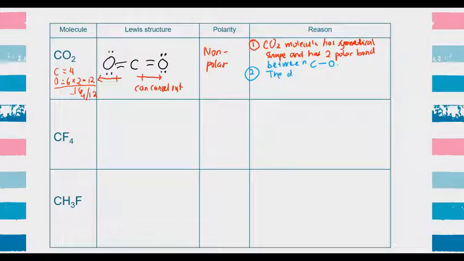The dipole moment can cancel out each other. CO2 molecule has symmetrical shape and has two polar bond between CO. Dipole moment can cancel out each other.